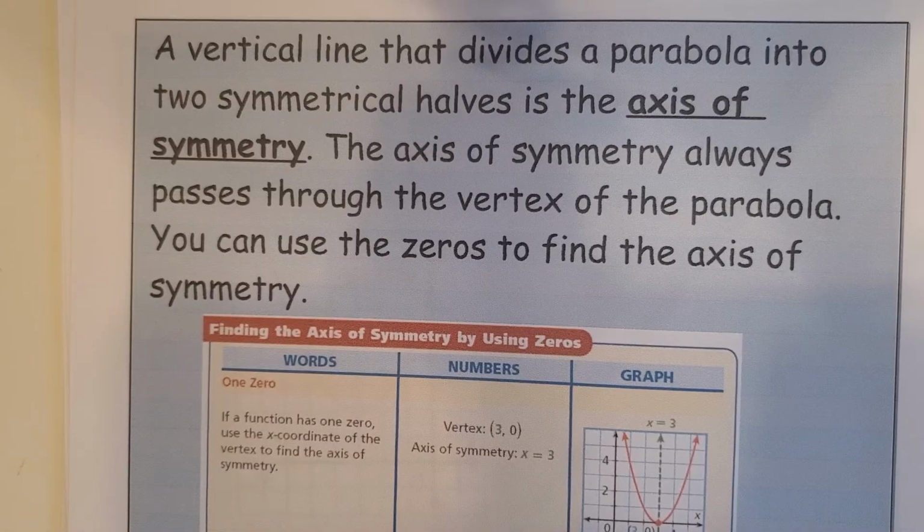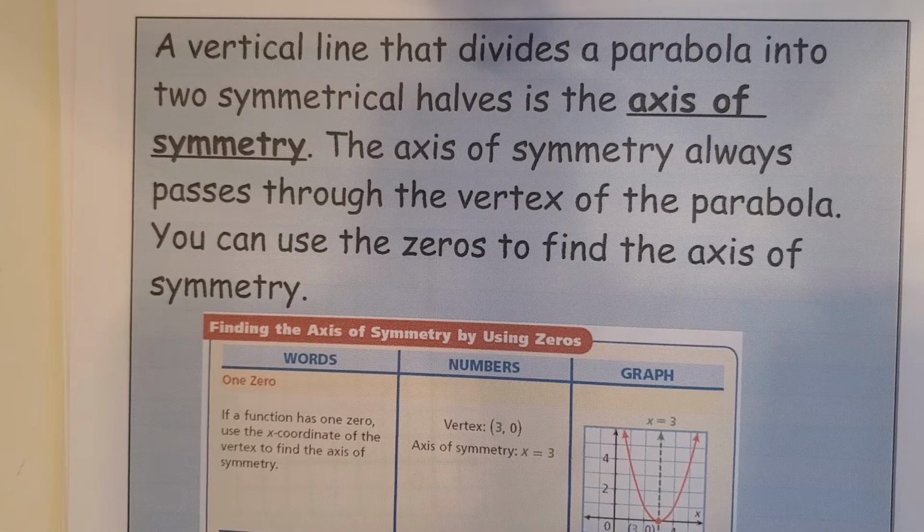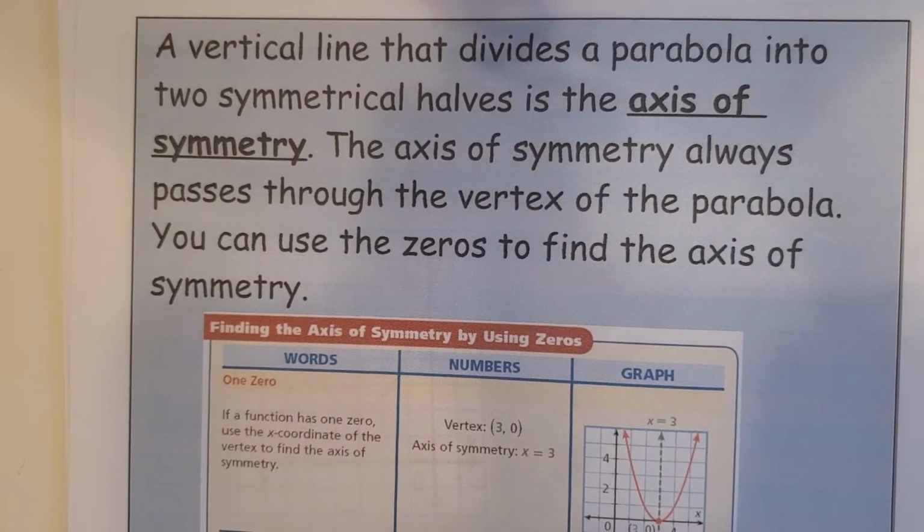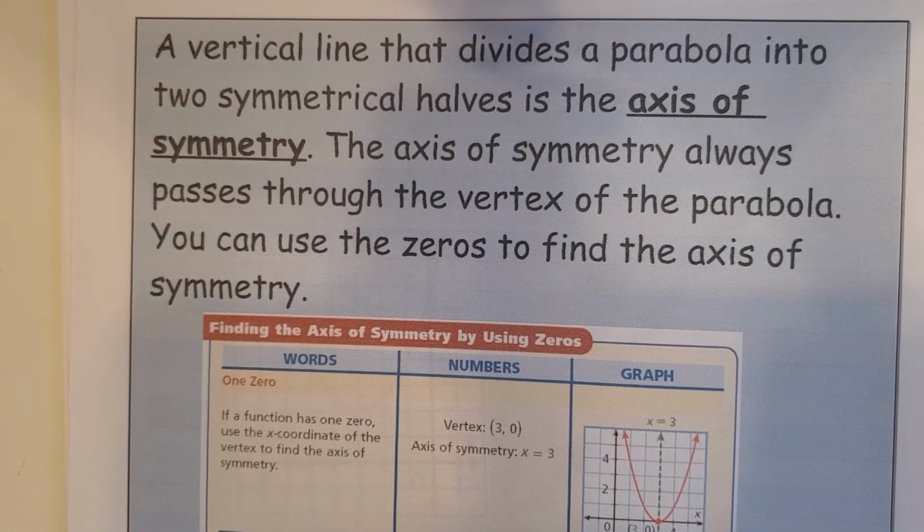So that's what we mean when we're talking about the axis of symmetry. You don't really need it as part of your final graph of the parabola, but it is a really useful thing to help you when you create these graphs.